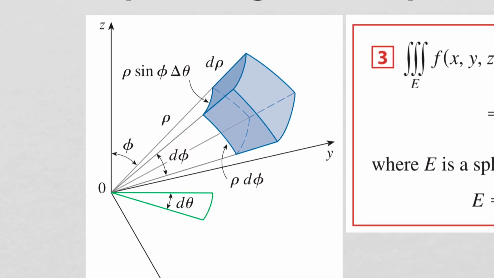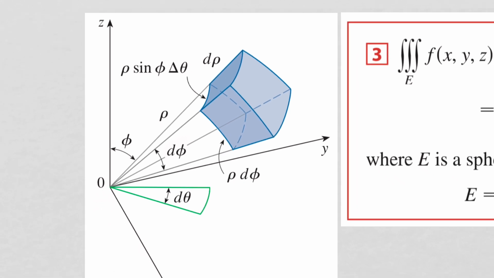It's not a perfectly square block, but we can approximate the volume of this block by simply multiplying the length here times the width here times the height here. Since this measure right here is rho, the distance from here to here is simply the change in rho, or d rho.